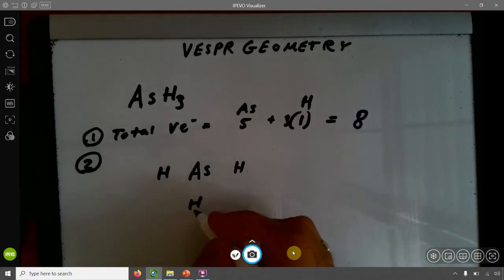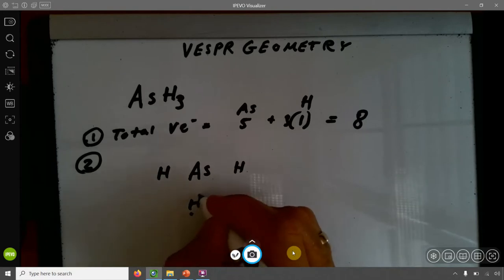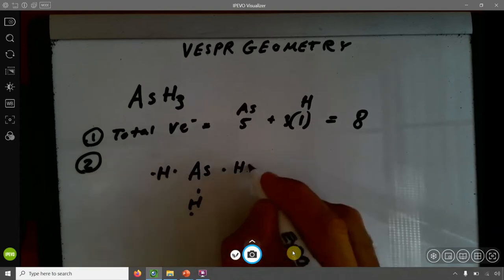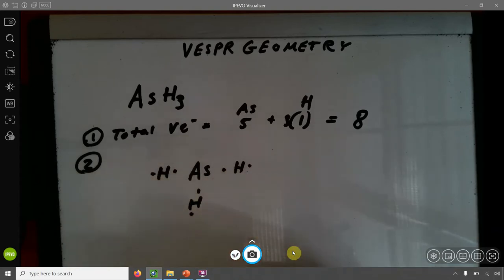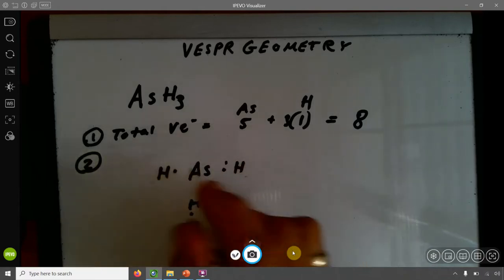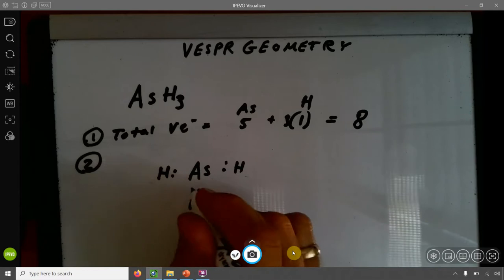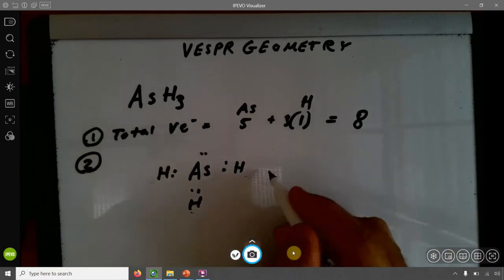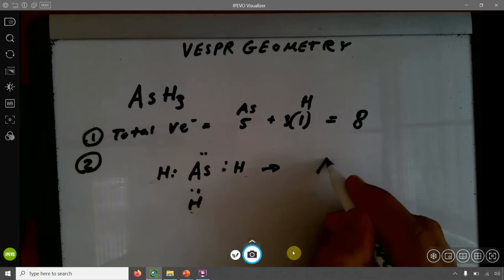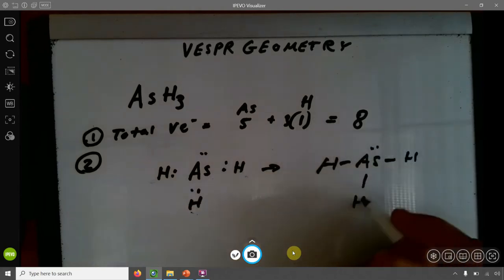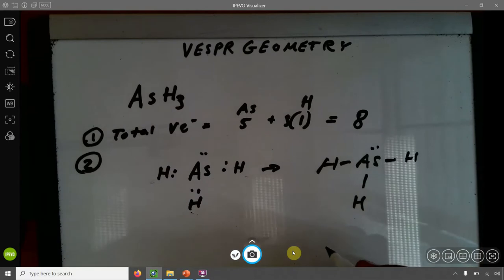So I put 6, arranged so that they share. I have 2 left over, put them in the center. So this is what this looks like: H, As, H, H.